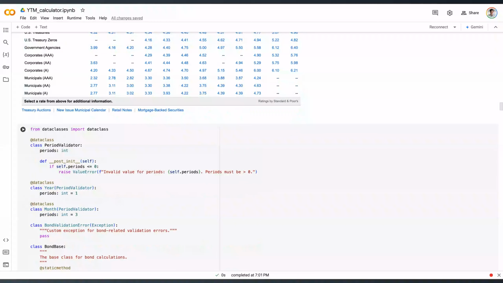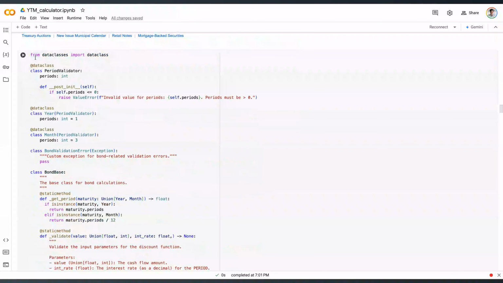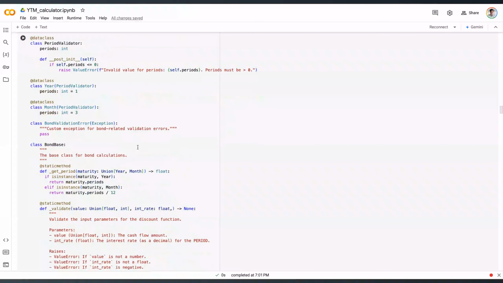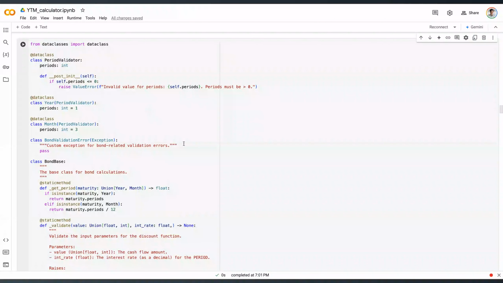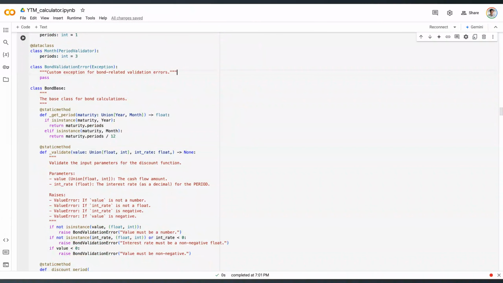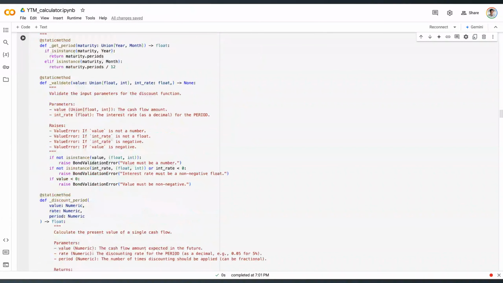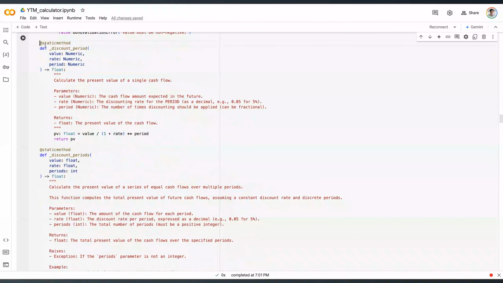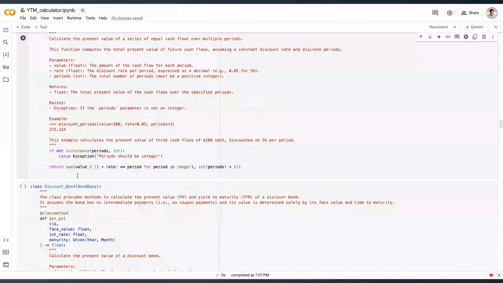All right, let's move on. So this is how we're going to implement the discount bond in Python. We have some methods that do some validation. Let's not dwell on this for too long. And we have the same discounting functionalities here that we discussed earlier.